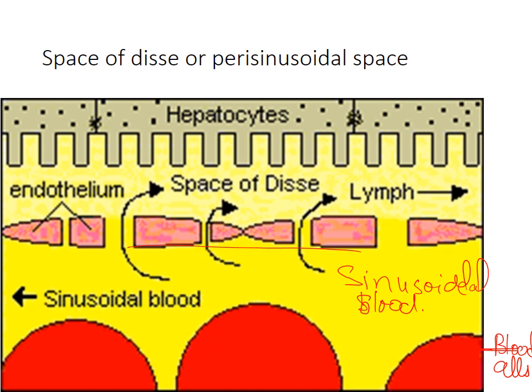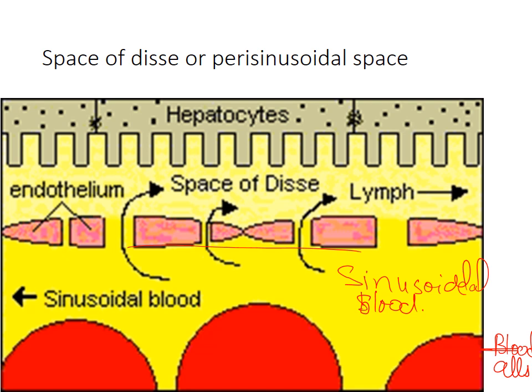As I have told you already, the sinusoidal surface of the hepatocytes bears microvilli which protrude into the perisinusoidal space. These are the microvilli. This is a diagrammatic picture. The perisinusoidal space also contains star-shaped cells called hepatic stellate cells, also called hepatic lipocytes or Ito cells.